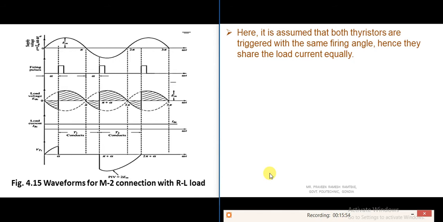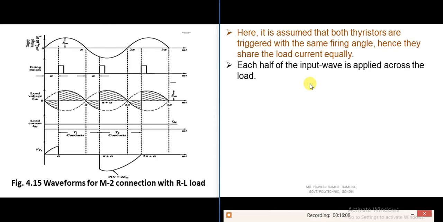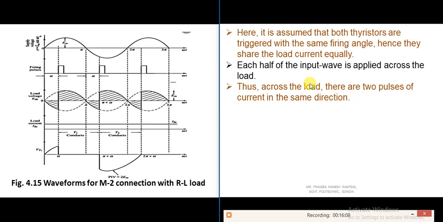Hence it is assumed that both the thyristors are triggered with the same firing angle, so they share the load current equally. Each half of the input wave is applied across the load. Thus, across the load, there are two pulses of current in the same direction.